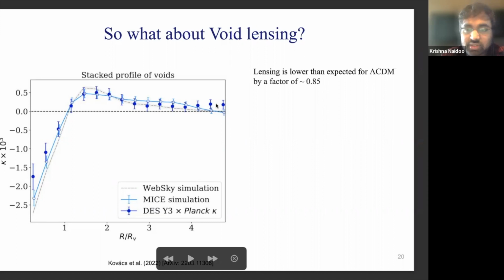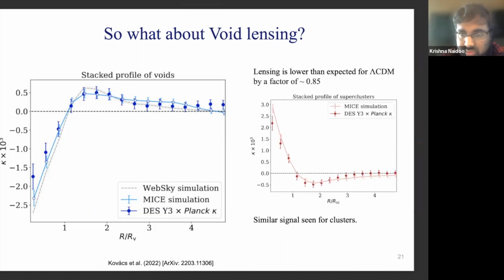And what you find is roughly a factor 0.85 of what you would expect from lambda CDM. Of course, this assumes whatever void profiles. A similar picture is seen for superclusters, and I think this is effectively the same effect being seen in another form.